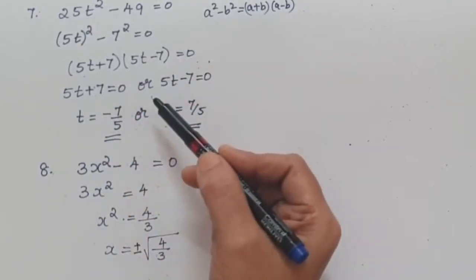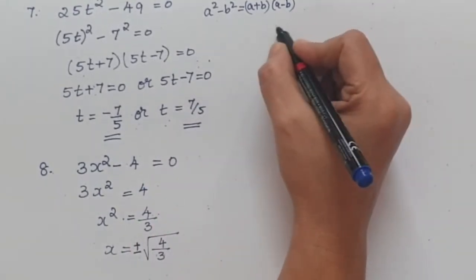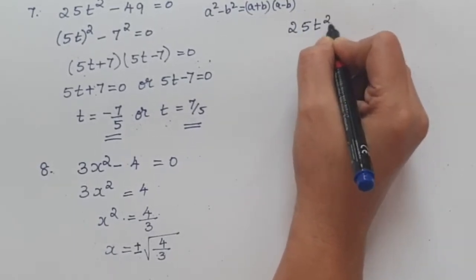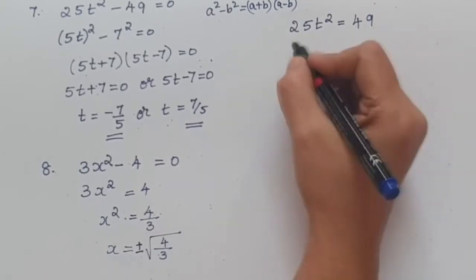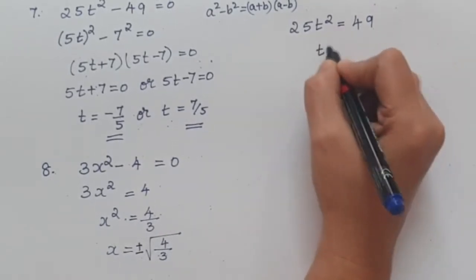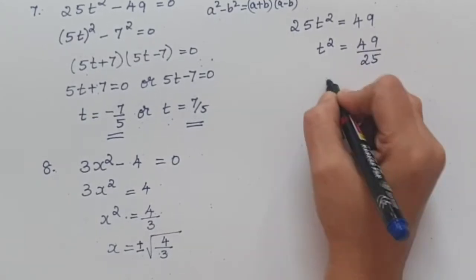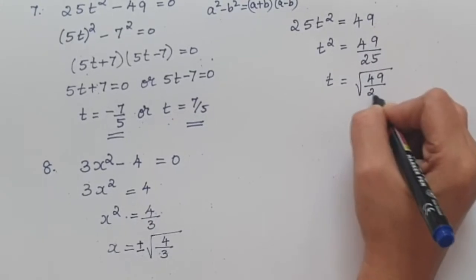Even in this question also, if you are doing it directly, like for example, we'll do this directly, that is 25t square will be equal to 49. So this one will be t squared will be equal to 49 over 25. So t will be equal to square root of 49 over 25.